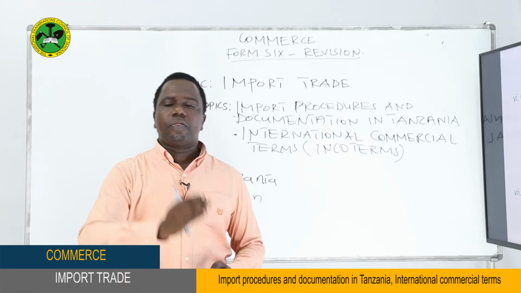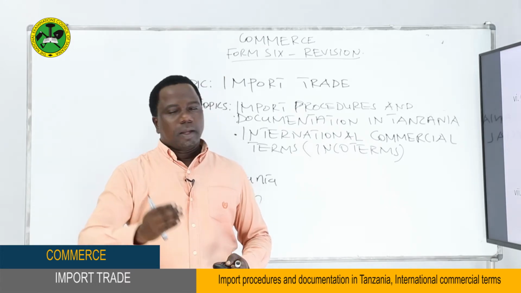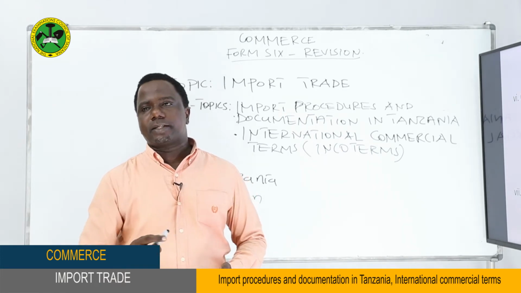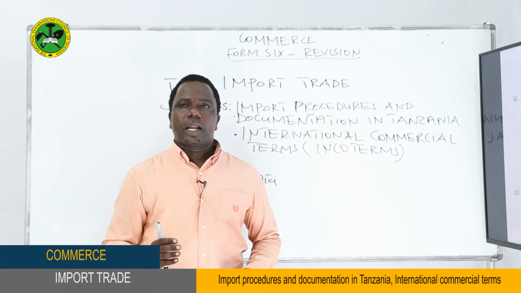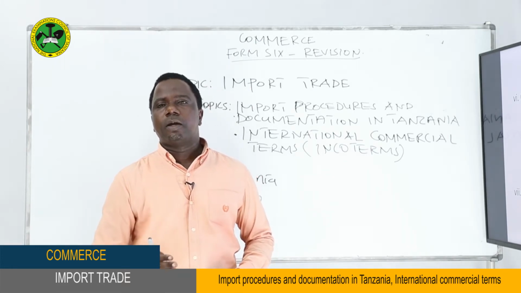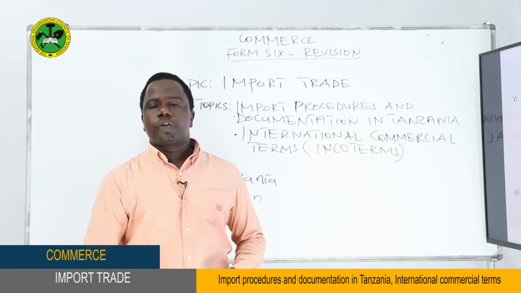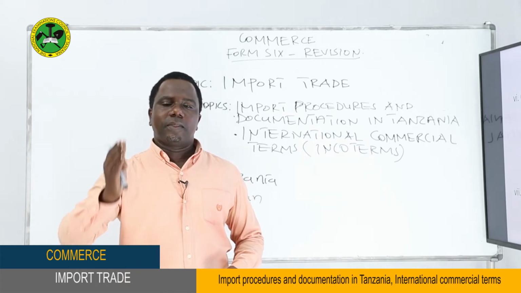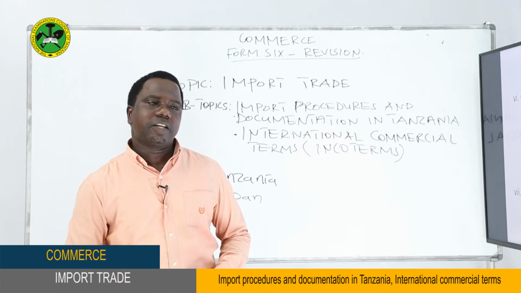He has to pay those duties at the port, but also he needs to follow some procedures which are needed at the port of destination. Under that, he has to fill in the document known as the bill of entry, which is filled in at the port, showing all the goods which have been imported and the status those goods have when they reach the port of destination.